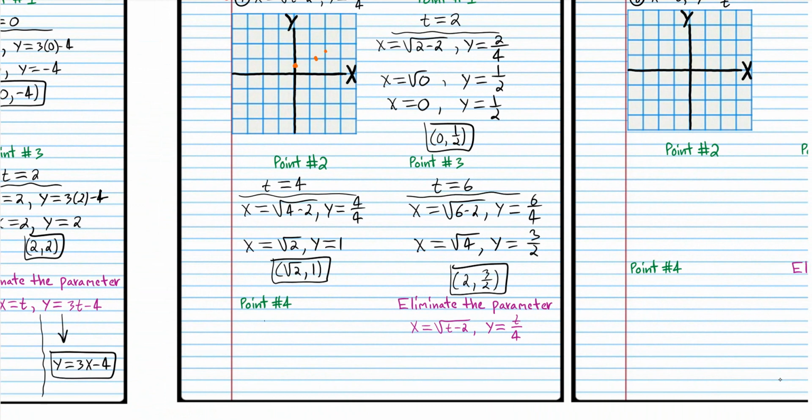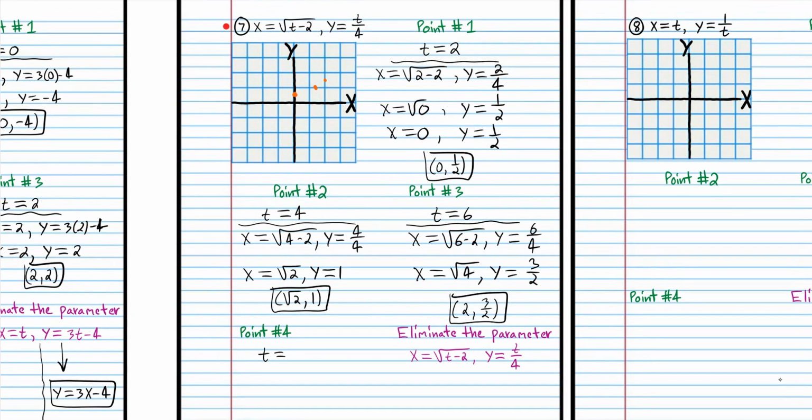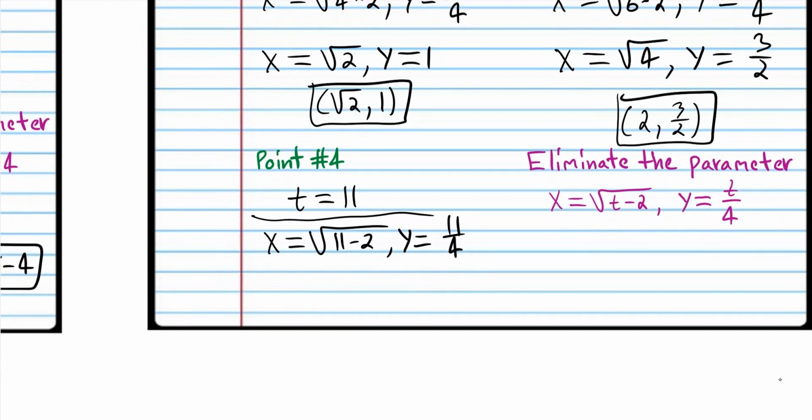And let's find one more point. Let's try t is equal to, maybe we can try 11. So x is equal to the square root of 11 minus 2, y is equal to 11 over 4. And if we do the math, we find that our point is 3 and 2 and 3/4.